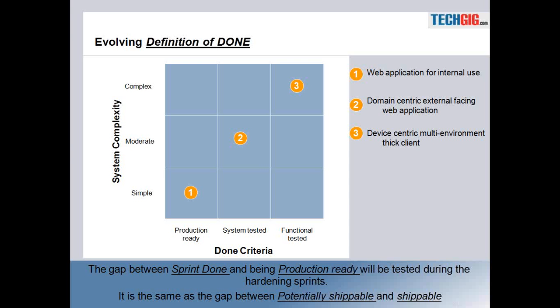Hardening sprint is another word for release level test, or for the dedicated test phases I have used. These are interchangeable words, and it's the same gap as between potentially shippable and shippable. As you're all aware, in Agile terminology we don't use the word shippable product at the end of the sprint. That's why the people who came up with this framework clearly said it's a potentially shippable increment, because of the release level test which we need to do.